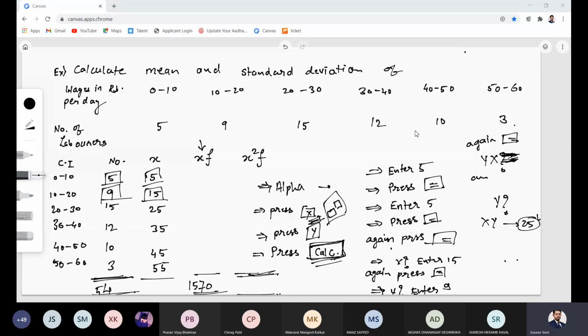Vaishnavi Ghadge, what is the summation x square f?